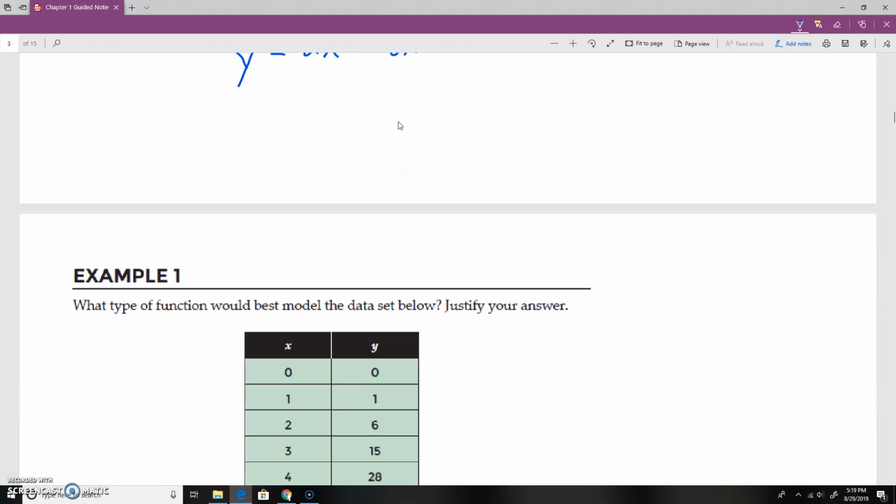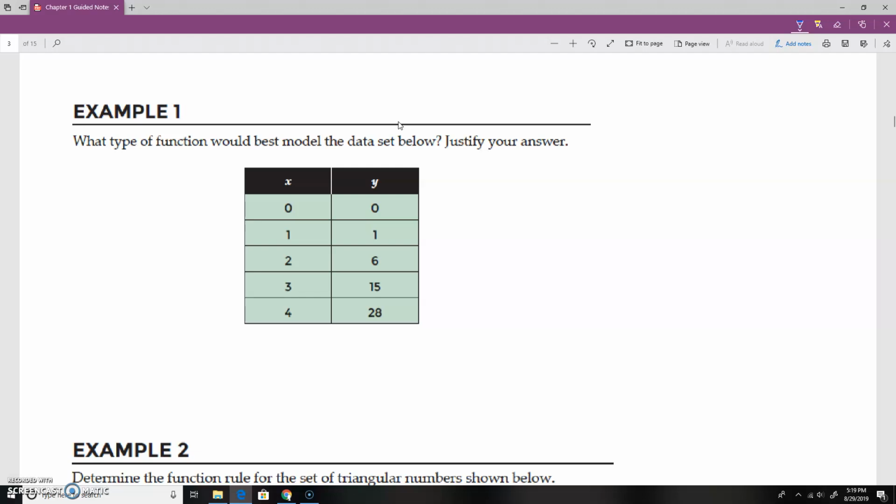If we look at our first example, how are we going to identify these quadratics? In this first one, you'll see what type of function would best model the data set below. The first thing we're going to do is check, is it linear? We learned how to check that in the last section.